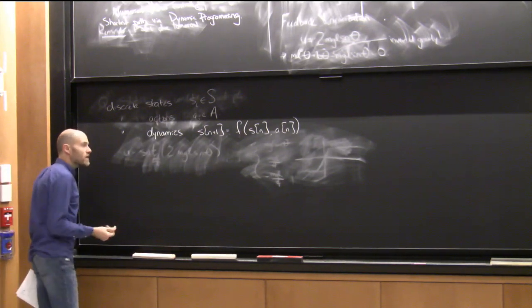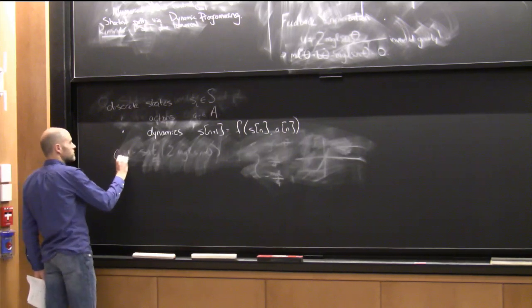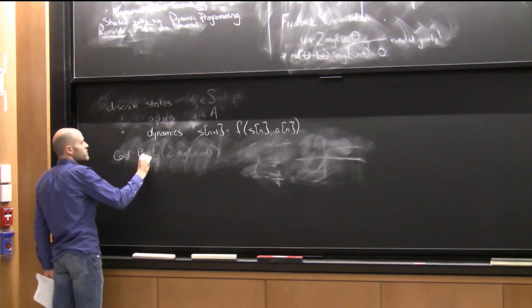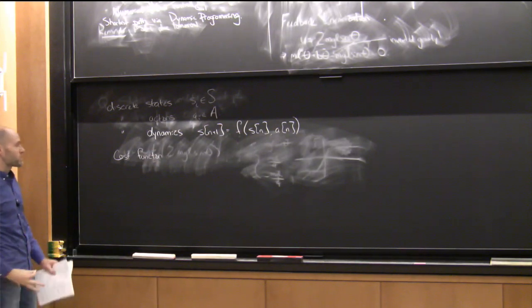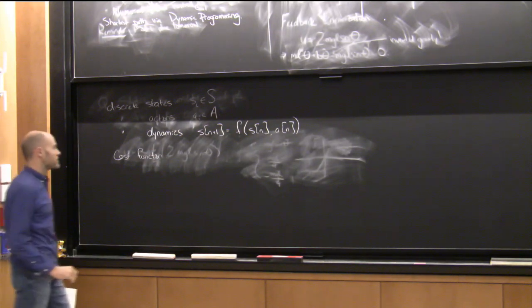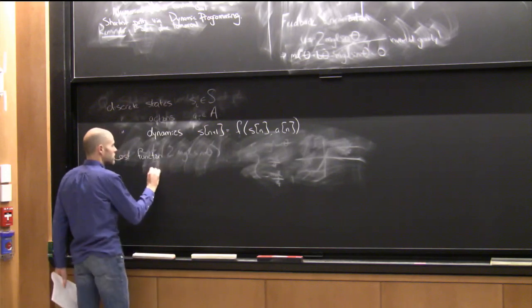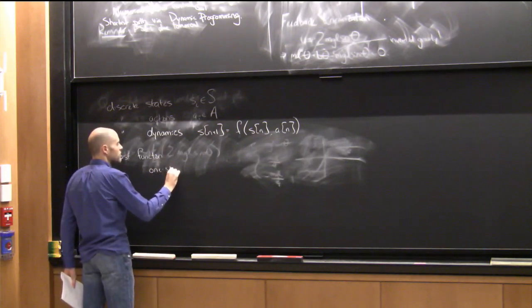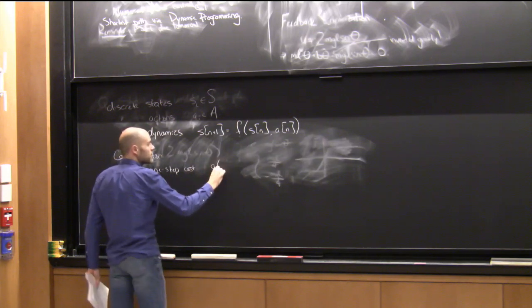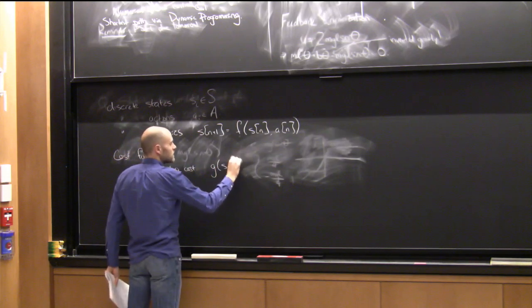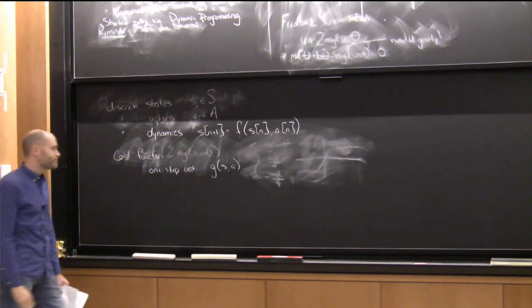I'm going to write my cost function. Remember, our goal for optimization is to specify some cost, and I'm going to write it in parts. I'll say the one step cost is G, which could be a function of S and A. It's a scalar.